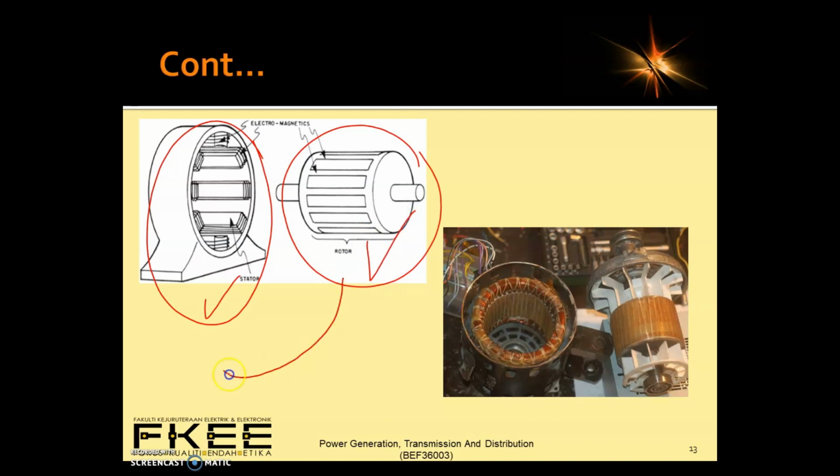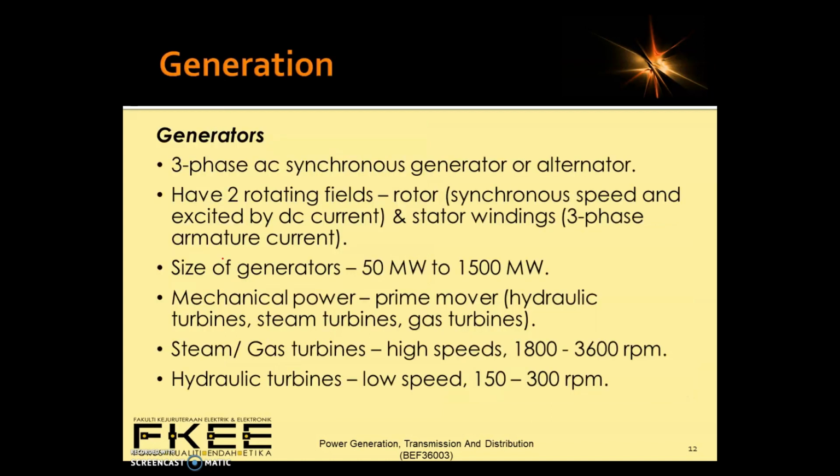This rotor is located inside the stator and is mounted on the AC motor's shaft. Basically, these generators have different sizes, depending on the generating station, between 50 megawatt to 1,500 megawatt.